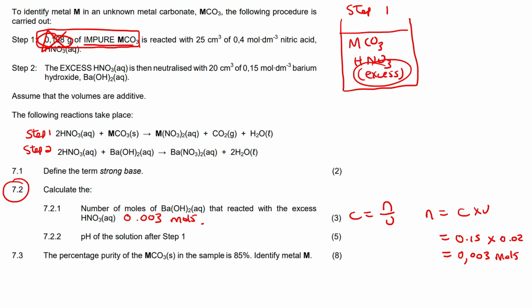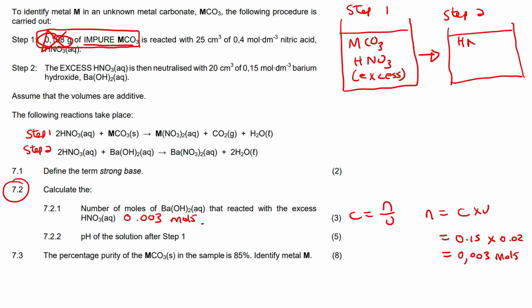They're going to take that excess, right? Let's just remember that, the excess. Now, whatever is the excess, let's write that a bit better, sorry. So the excess is then going to be taken to step 2. And there we are going to react the excess HNO3 with barium hydroxide. Okay, so the idea is, guys, we are going to use this information here, because you see how we know how much barium hydroxide we have.